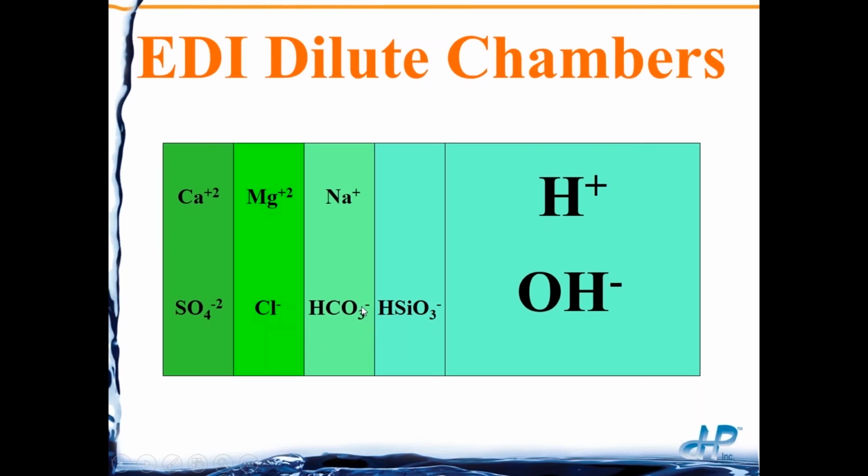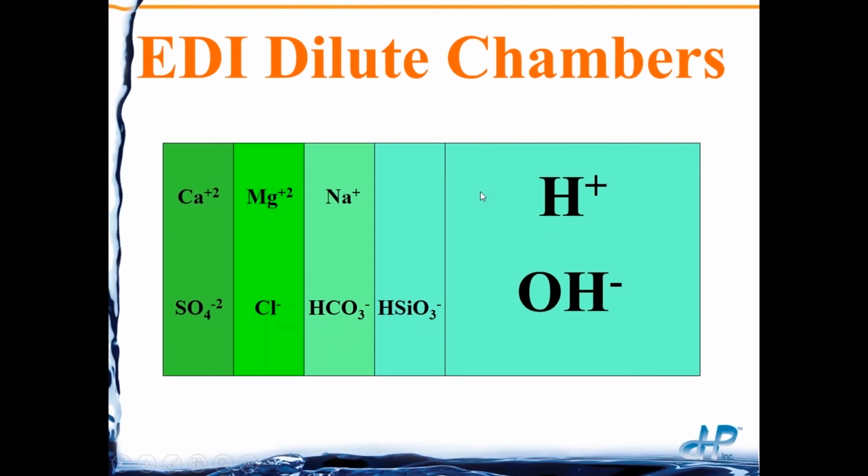But the real difference here, and the reason that we don't have to regenerate EDI units, is because once we start getting into this difficult area, then the electrical potential actually splits water molecules, H2O, into hydrogen and hydroxide, which is exactly what we regenerate strong acid cation beads with, which would be acid or hydrogen, and the strong base anion beads, hydroxide or caustic.